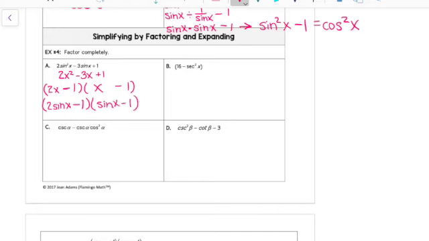Same goes here. This is a difference of squares. So 4 plus secant x times 4 minus secant x. This is all kind of like the basics to get us to the next step.